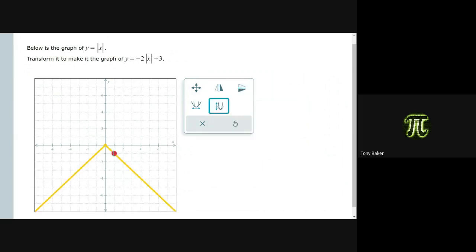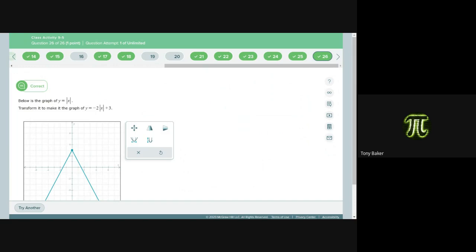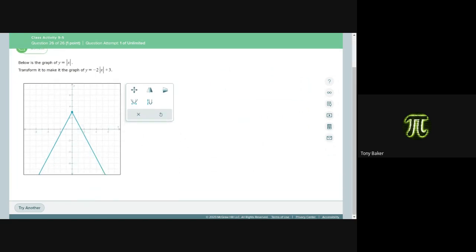And then I'm multiplying by 2. So -1 becomes -2, right? And then I'm going to do what? Up 3. Yay. Last one.